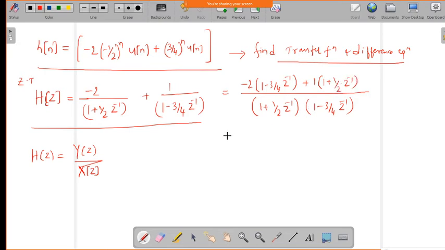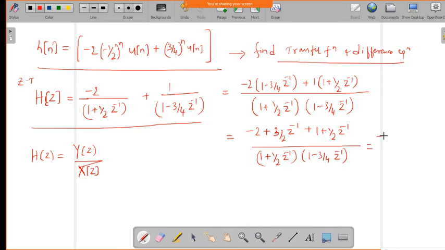Now simplify this equation, and it will give this ratio Y(z) by X(z). So what will you get? Minus 2 plus 3 by 2 z inverse plus 1 plus half into z inverse, divided by the remaining denominator, 1 plus half into z inverse, 1 minus 3 by 4 into z inverse.